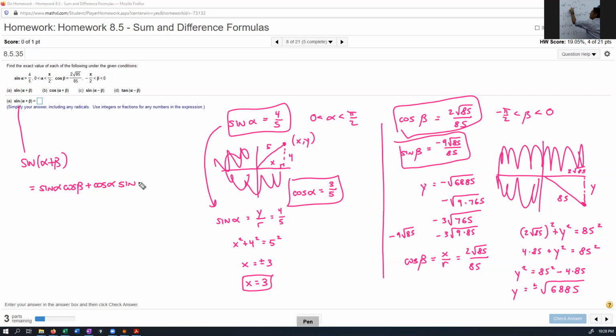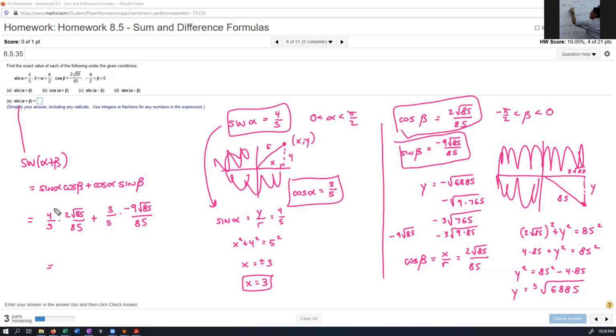So just start plugging them in. Sine of alpha is 4/5. Cosine of beta is 2√85 over 85. Then plus cosine of alpha, which is 3/5, and then sine of beta, which is negative 9√85 over 85.